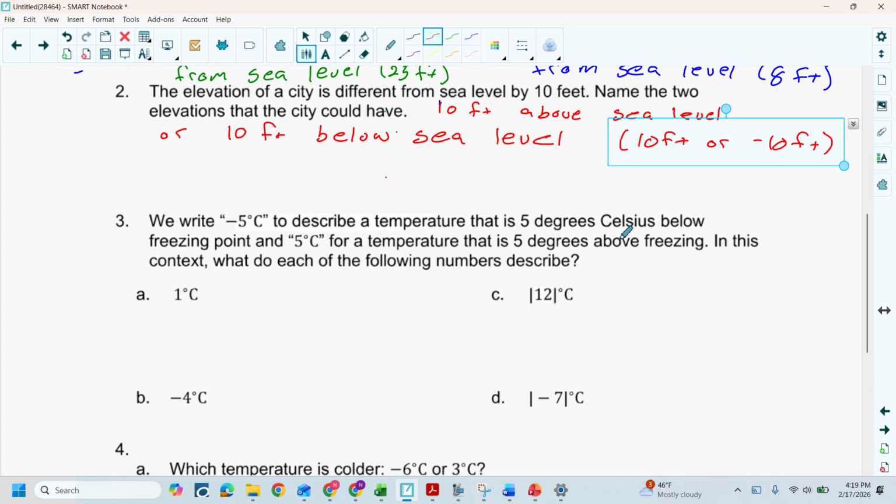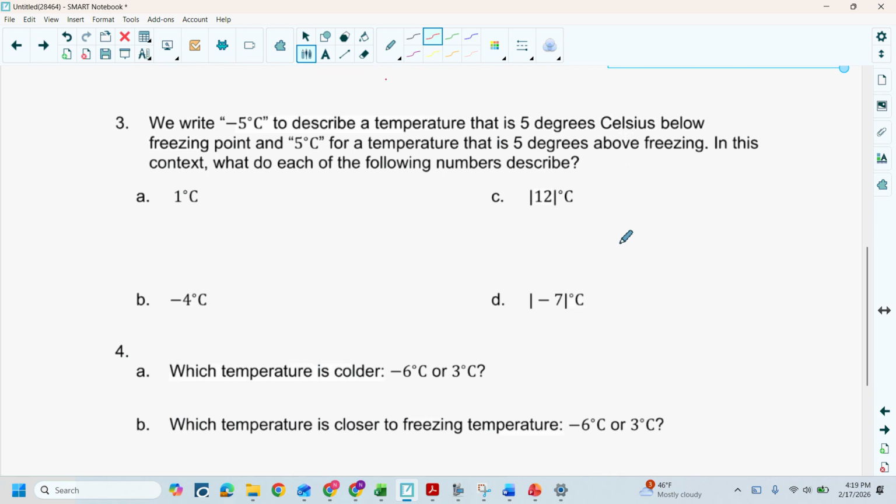Number 3. So we write -5 degrees Celsius to describe a temperature that is 5 degrees Celsius below freezing point, and 5 degrees Celsius for a temperature that is 5 degrees above freezing point. And so in this context, what do each of these numbers represent? So 1 degree above freezing.